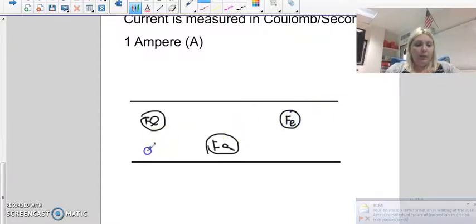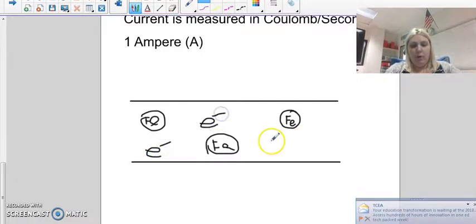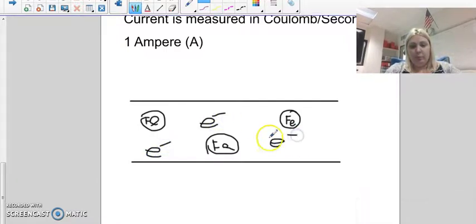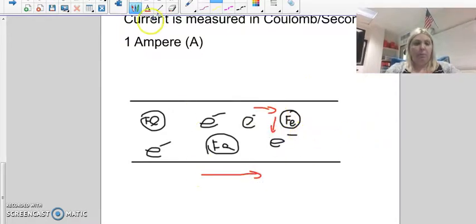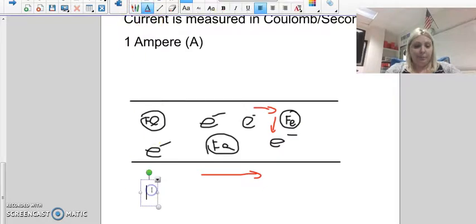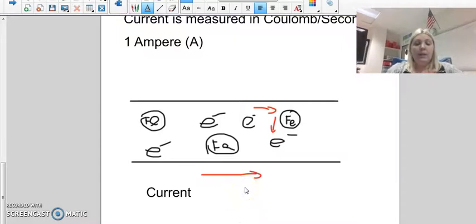And then you have little electrons trying to get through, all moving in the same direction. Well, every once in a while, the electron will bump into your atom, and then it will shoot off and continue moving. So as long as it can continue moving, the current is still passing.